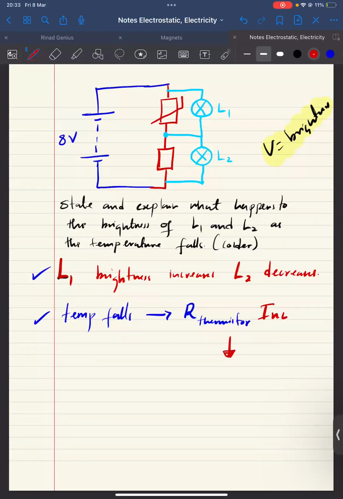So the resistance increases, and since resistance is directly proportional to voltage, we say the voltage of the thermistor also increases. So what will happen to the voltage of the fixed resistor?